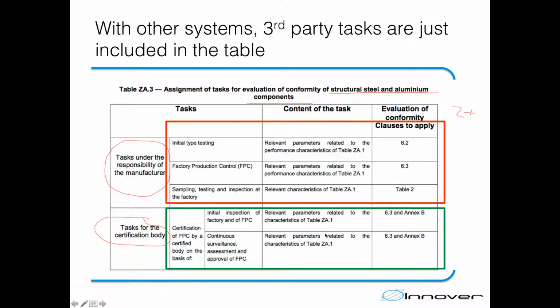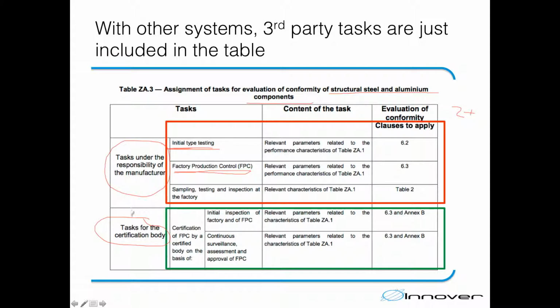So here we can see that the manufacturer is in charge of initial type testing, or determining the product's essential characteristics. The manufacturer is responsible for setting up and documenting factory production control, and the manufacturer is also responsible for the sampling, testing and inspection at the factory, so testing of the products being manufactured.